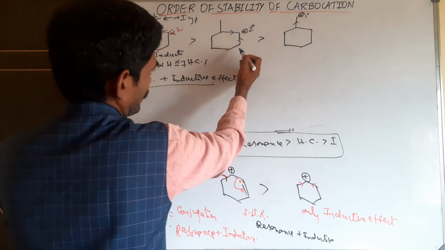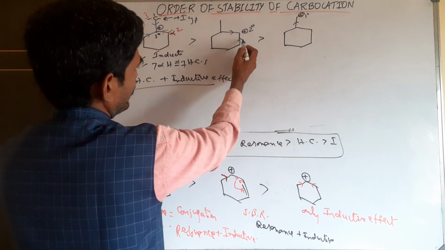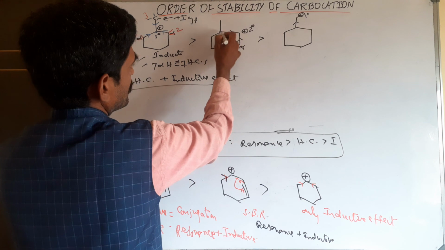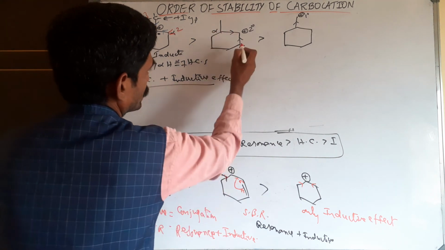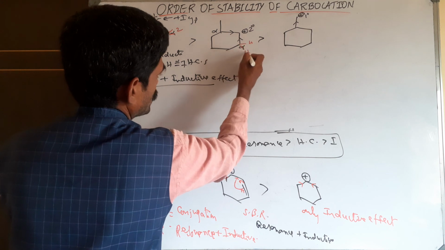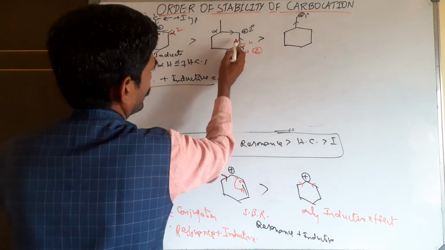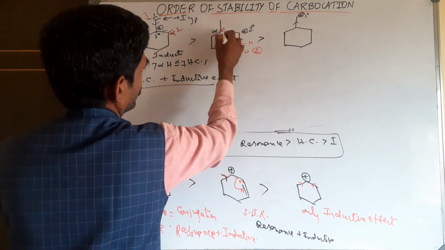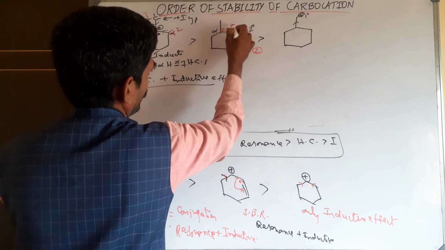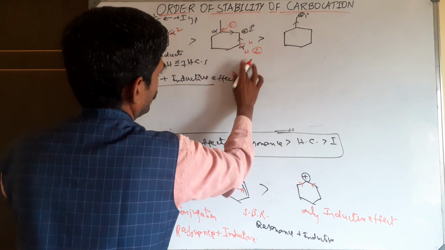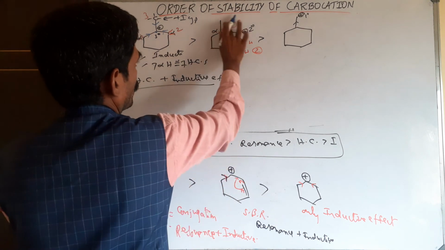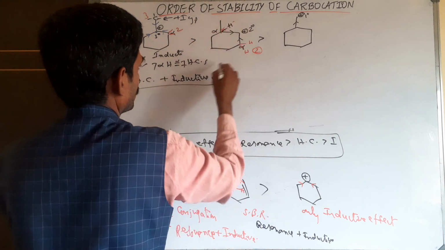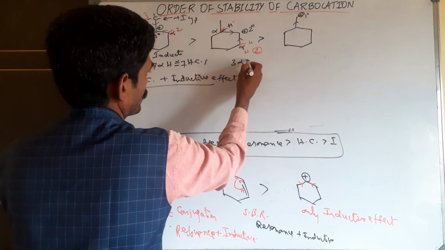And what about here? In this case, this is alpha and this is alpha. How many alpha hydrogens are available? Here 1, 2 are there, and here only 1 alpha hydrogen is available. Totally 3 alpha hydrogens are available, my dear students.